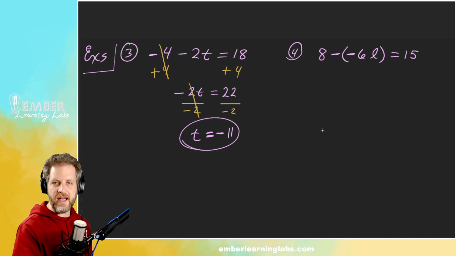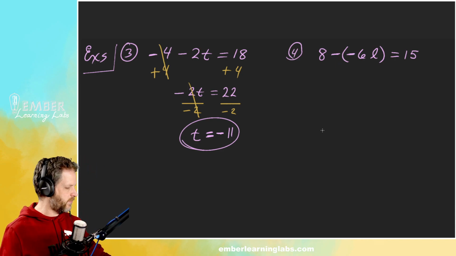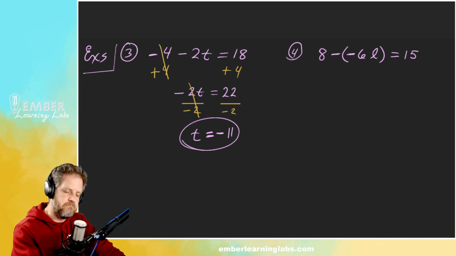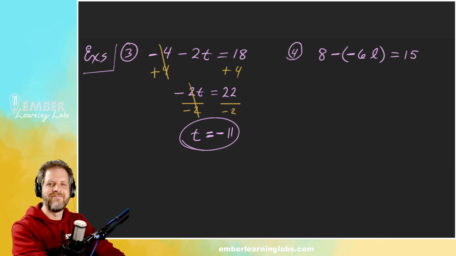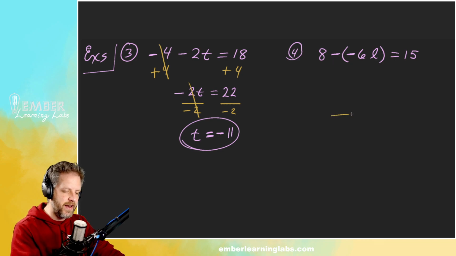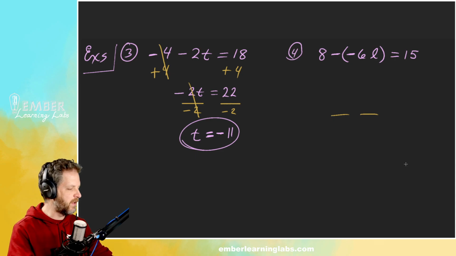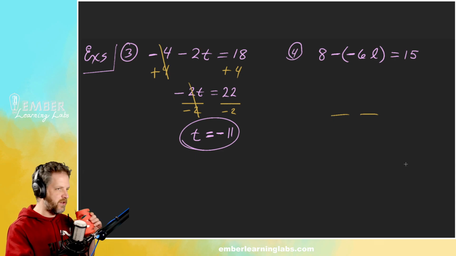Since we got these two negatives right next to each other like that, what happens there? We're going to deal with these two negatives right next to each other. What do we do with that? Y'all remember the word I like to use?